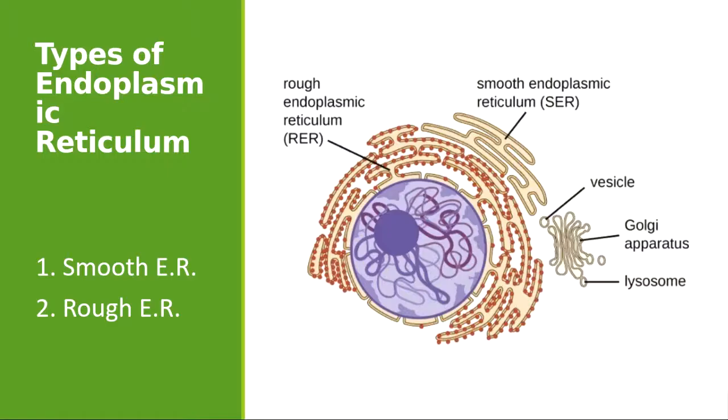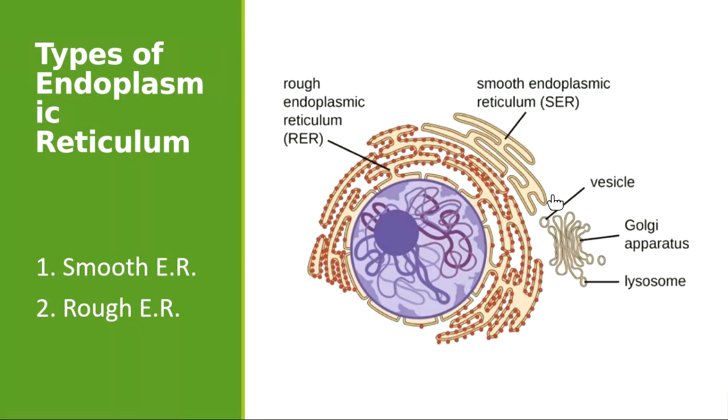There are actually two types of endoplasmic reticulum. One is the rough endoplasmic reticulum, which you see here. This is rough because small dots are attached over it, and this is the smooth endoplasmic reticulum. But you can see that both are channel-like structures, functioning for transportation and detoxification. So why is this rough and this smooth?